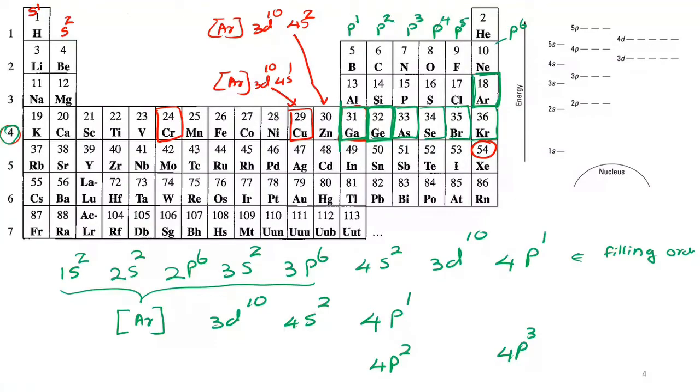Now, in your own time, make sure that you practice writing the electron configurations. Here I'm showing only up to 36, but make sure you know how to write electron configuration all the way up to atomic number 54. From this set I have shown, you have the exceptions at copper and chromium.